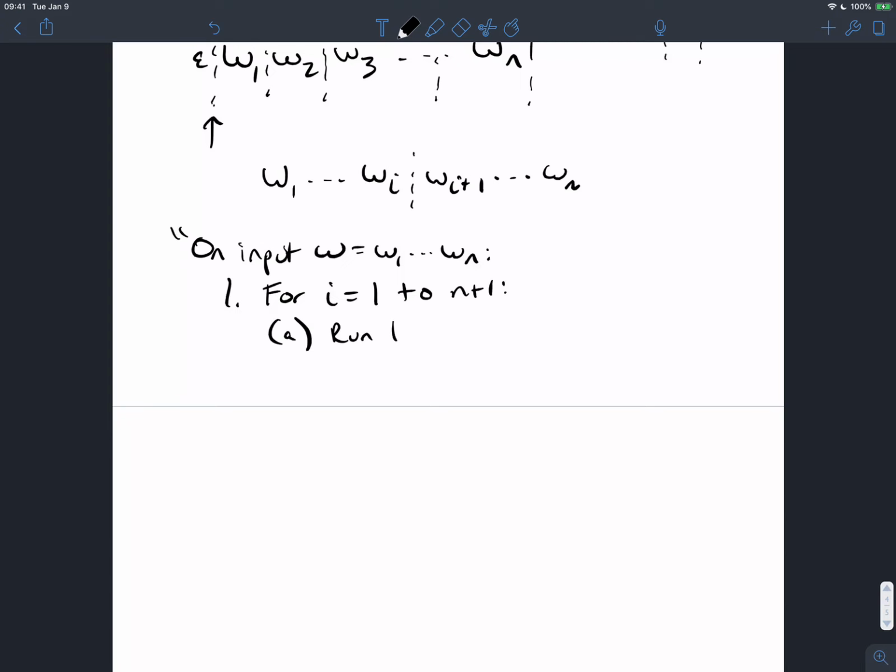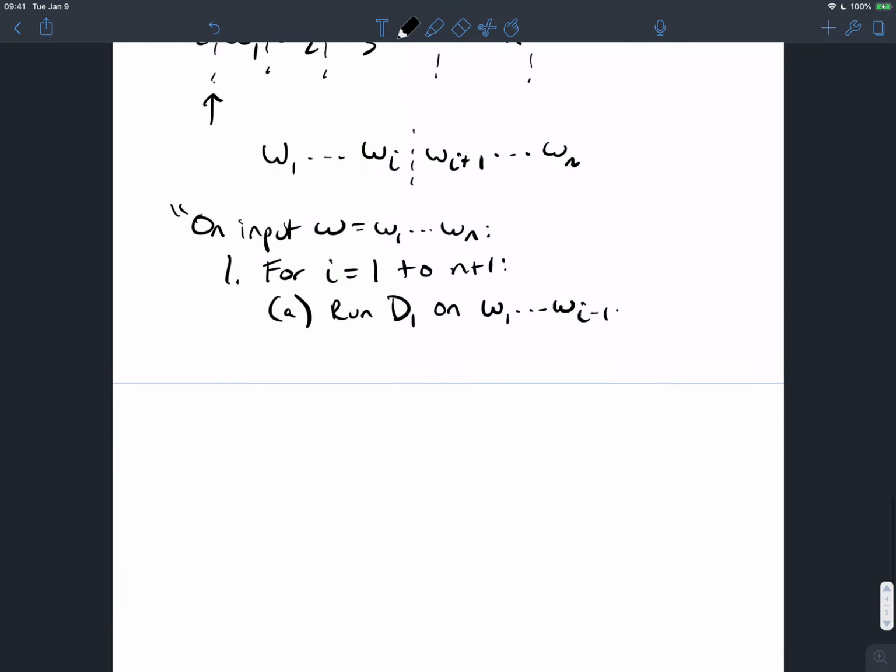Run the first machine on, well, let's see. We're running from the beginning of the string to I minus 1 in this case. Let's see, is that right? Yeah, that's right.